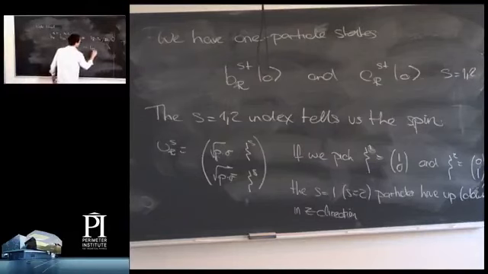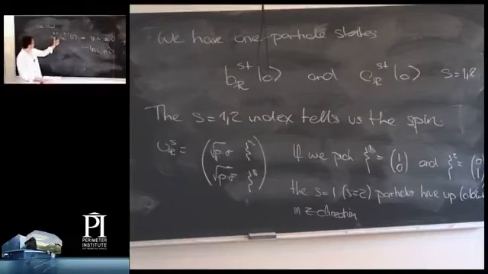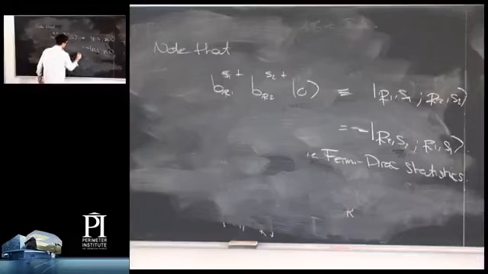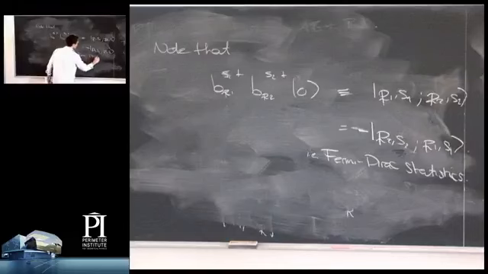But this is equal to minus the state if we do them the other way around, and the reason is that these two operators anti-commute with each other. So this is exactly what we mean by Fermi-Dirac statistics.